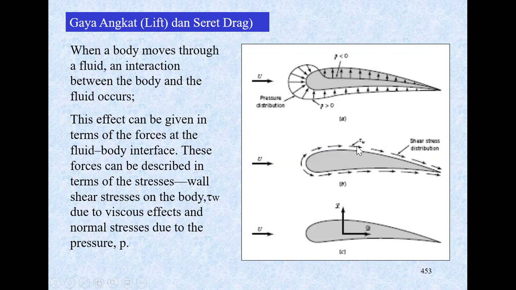So you have shear stress that causes the friction, and the resultant of those two forces, the pressure force and the friction force, will create lift or drag depending on which one is greater. So we will base our analysis on those two forces acting on the body.